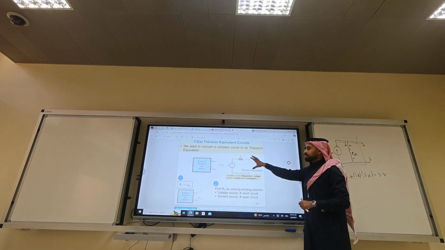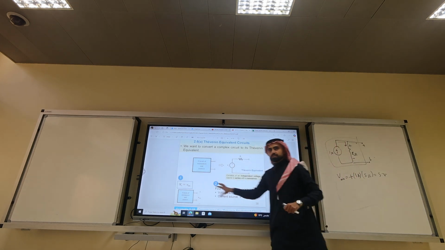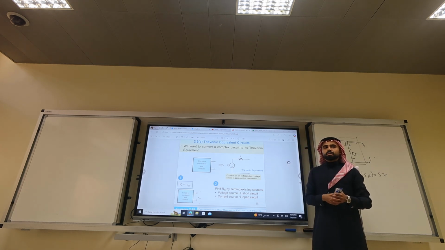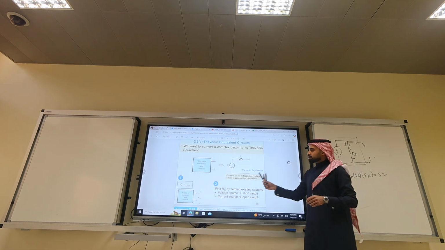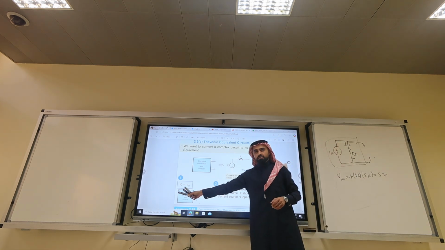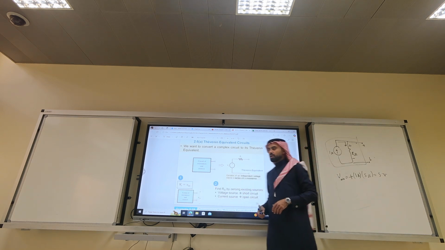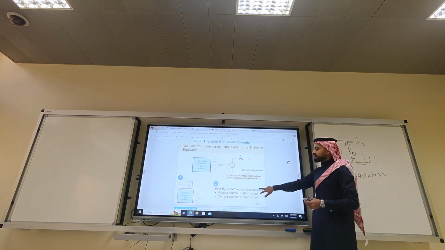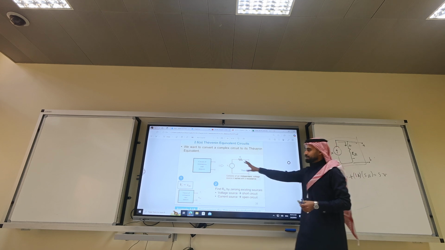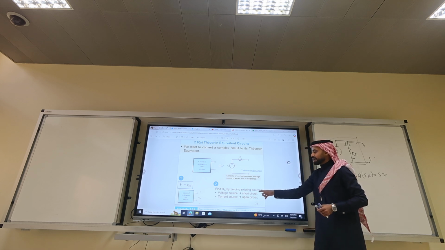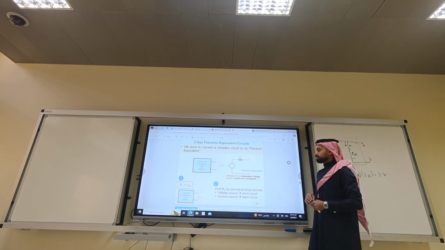How to find those elements? We have 2 processes. What I tell the students, you can start with 2 and then 1, because 2 is very easy to find. 1 requires work. So find R Thevenin of that spaghetti by killing the sources.